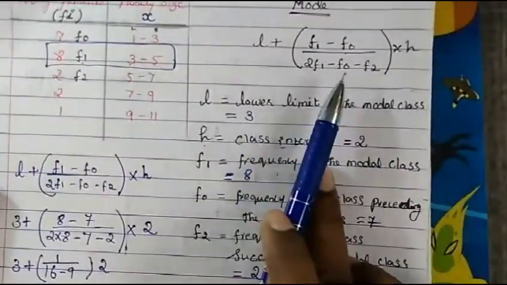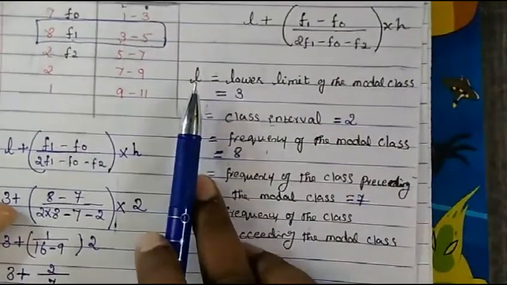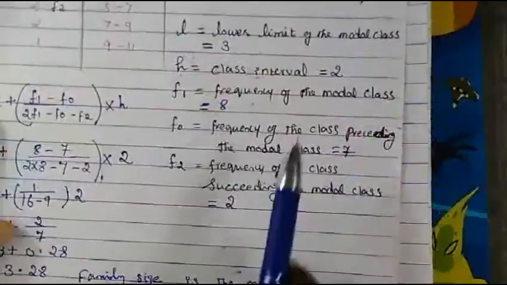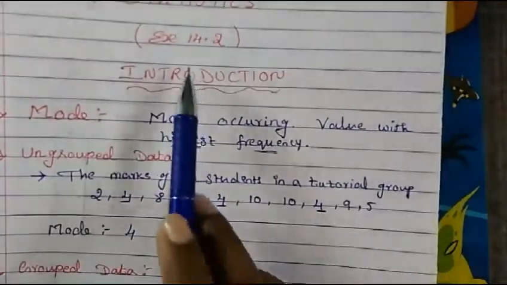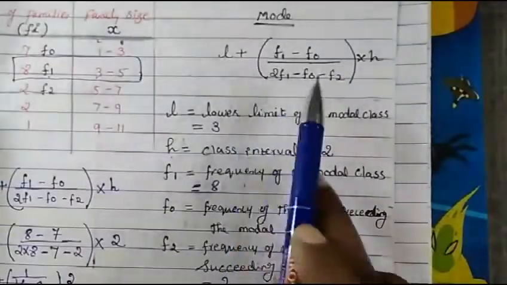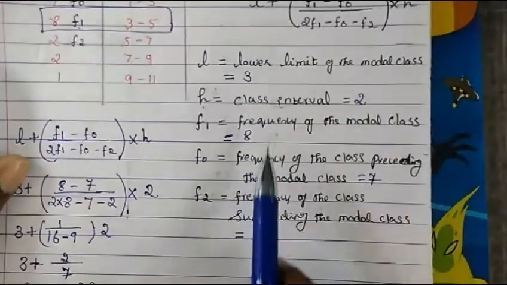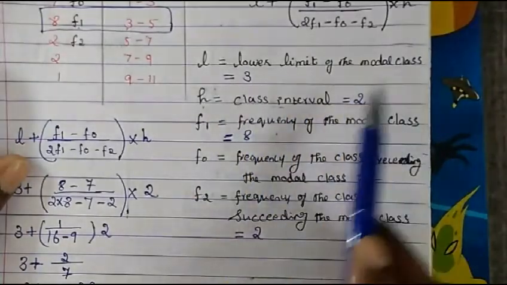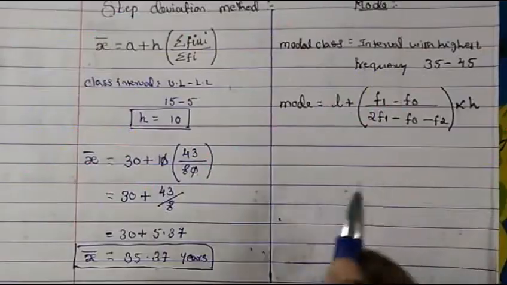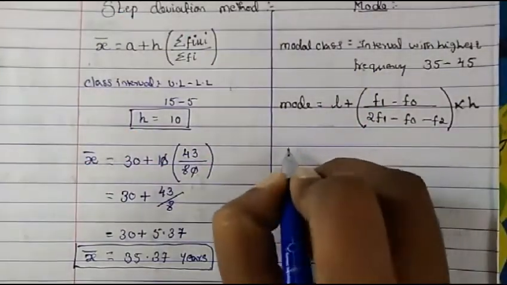When you write mode formula, you have to mention the meaning of L, meaning of H, meaning of F1, F0 and F2. I have explained to you introduction for exercise 14.2. That is compulsory. Now here I am not writing it just to save the time, but you have to write the explanation of it. I'll just only write the value.